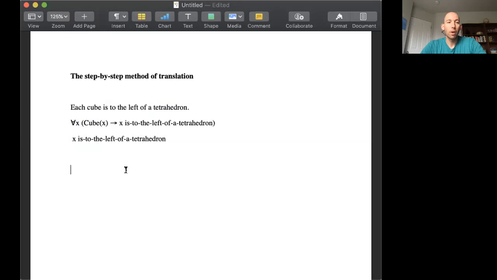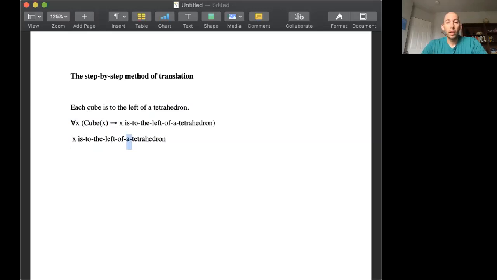So if we think about how we would translate, say, b is to the left of a tetrahedron, you'll notice that there is another quantifier in here, to the left of a tetrahedron. So there's actually another quantifier inside this verb phrase.